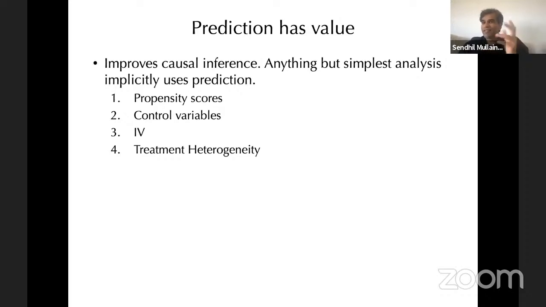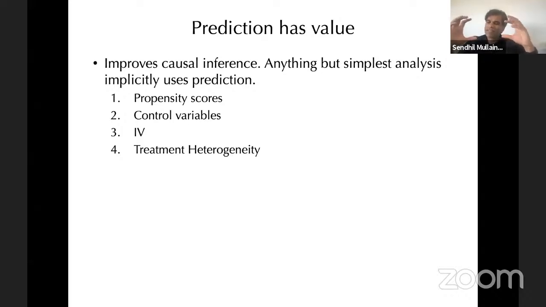Treatment heterogeneity. We're going to talk about this on Thursday at length, I think, and is that right, Jann? I think it's Thursday. But treatment heterogeneity and experimental stuff, it looks like a beta hat problem because you're trying to get tau, the treatment effect.